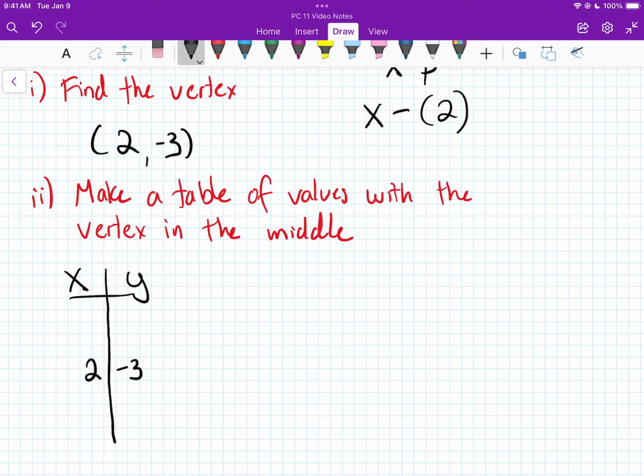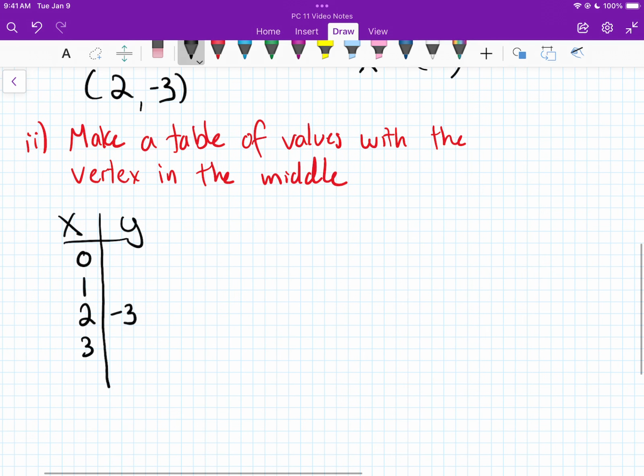You don't want to go way too far off. So if 2 is our middle, to the left of the vertex we'd probably use x as 1 and 0, and then to the right of the vertex, 3 and 4, which gives us a nice set of 5 points. And maybe we should write that down. So use x values on either side of the vertex.